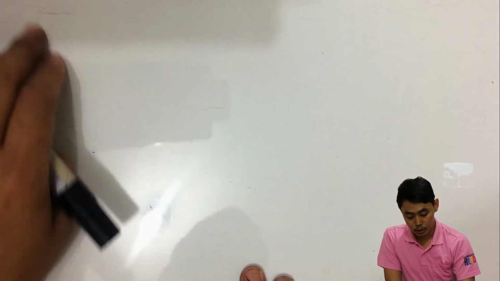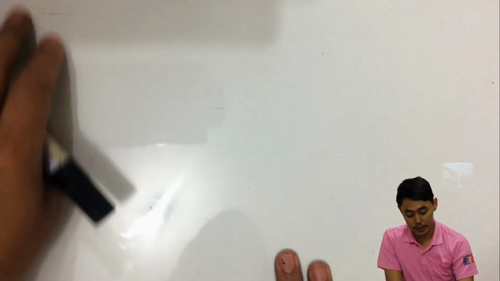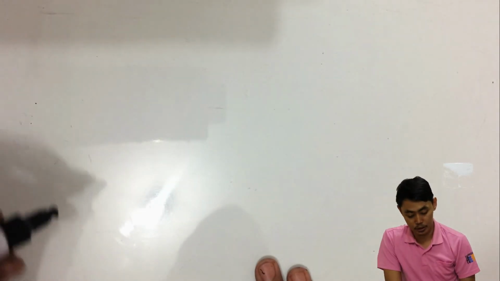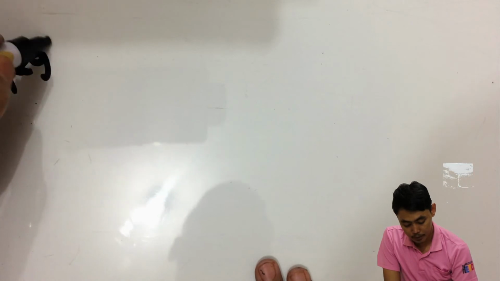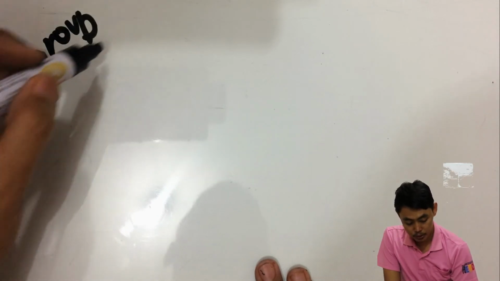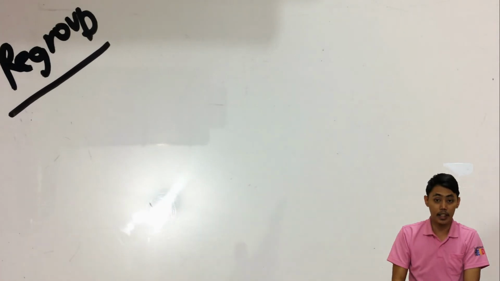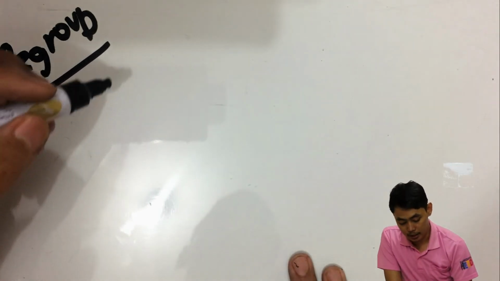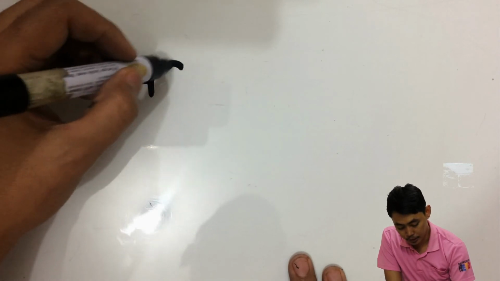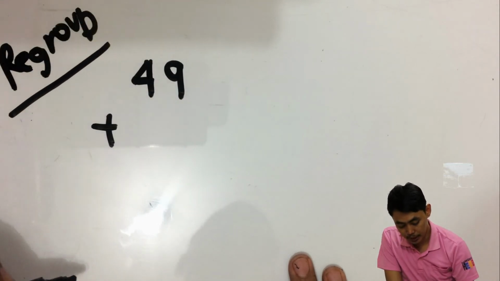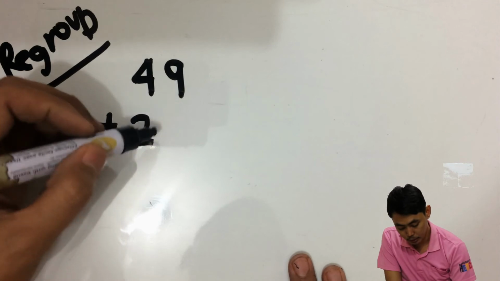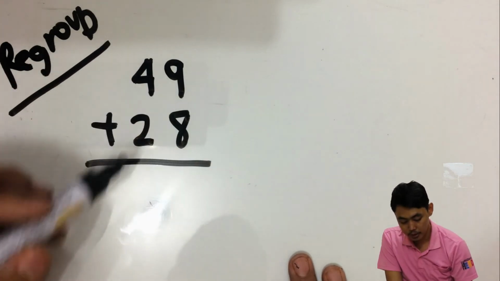Alright, so the last part of our lesson is for you to know how to regroup in addition. So regrouping is actually assigning the excess amount to the next place value. Let's have an example of 49 plus, shall we say, 28.